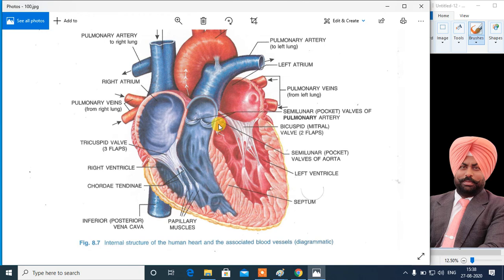This valve does not allow the blood to come back into the left ventricle, and it makes a uniform directionality of the blood to the different parts of the body.